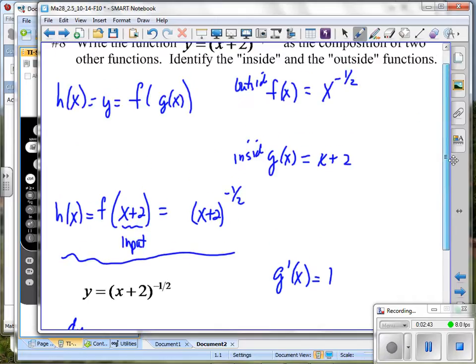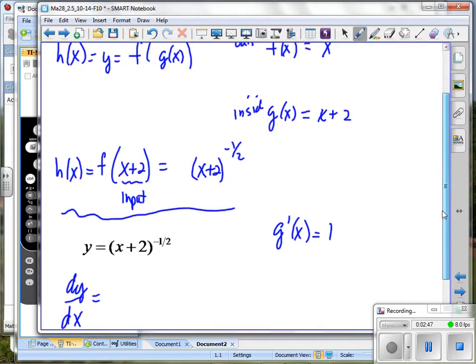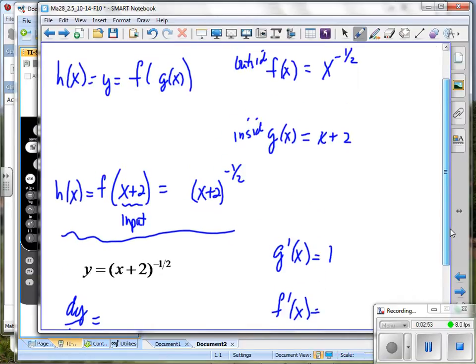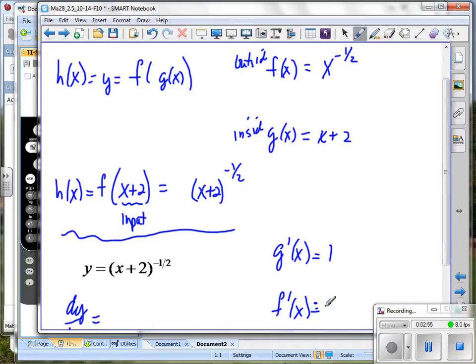Well, what about the derivative of f of x? It sits there by itself. Let's see, I'll go back up so we can see it. That would be negative 1/2 x to the negative 3/2. Good. Always subtract 1, remember, so I already have a negative 1/2.